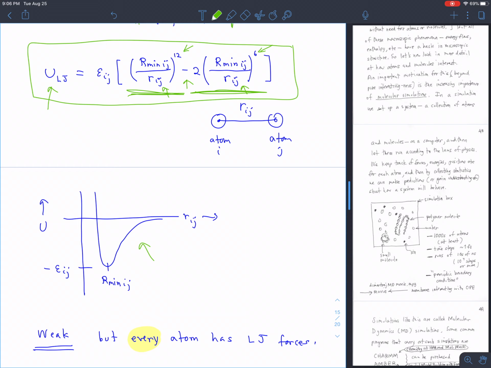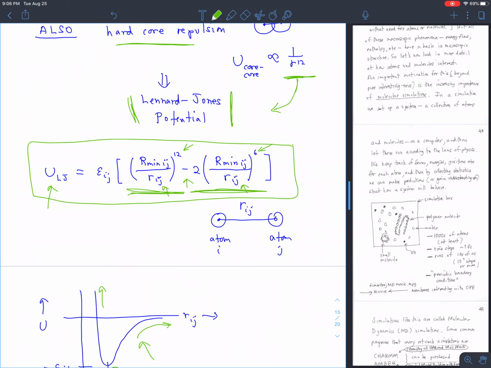It's got a minimum. It tapers off to 0 as the two atoms are pulled farther and farther apart, and if you try to crush them together, there's a repulsive term that goes very high, if not to actually infinity. There are two different parameters that control this function. One is this epsilon ij.